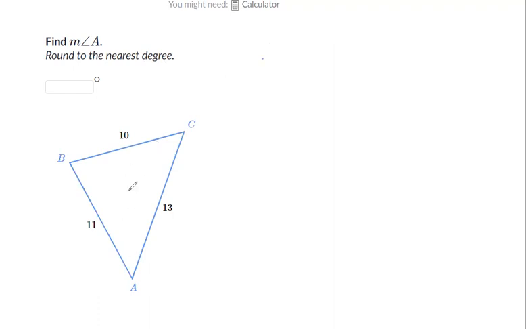Since we are looking for the angle A, which is this one, I will start with the opposite side squared, which will be alone. So 10 squared equals 11 squared plus 13 squared minus 2 times 11 times 13 times cosine A. You cannot just plug this into a calculator immediately because the unknown is right here, so we simplify a bit.